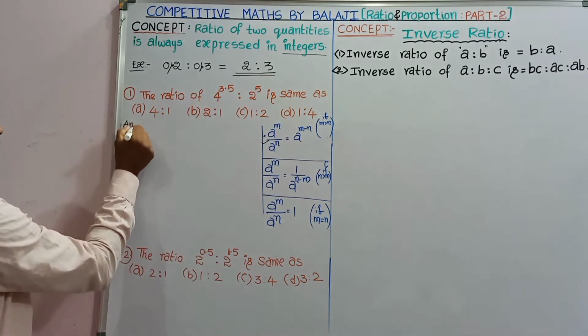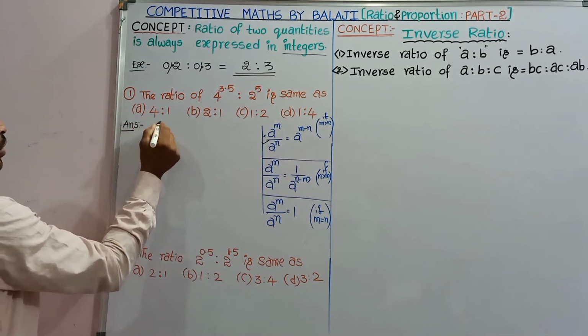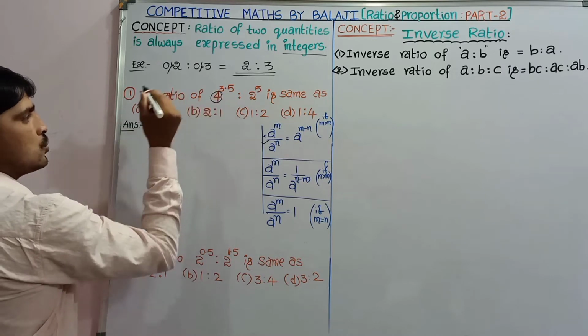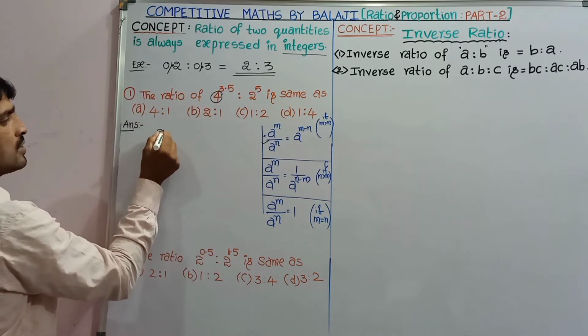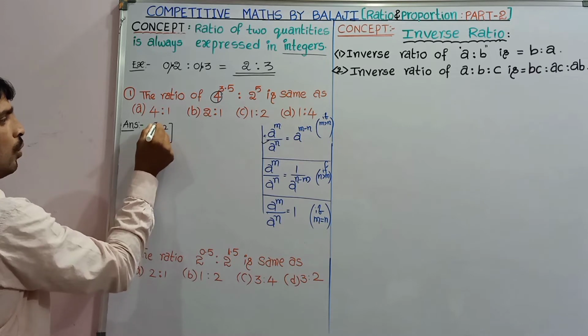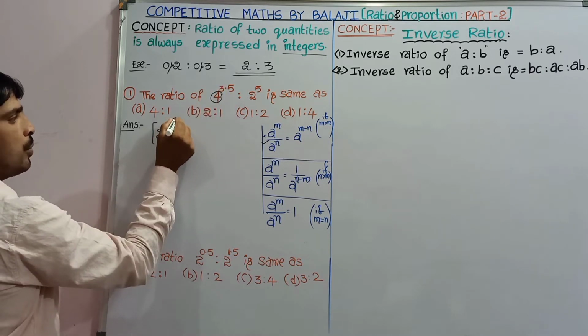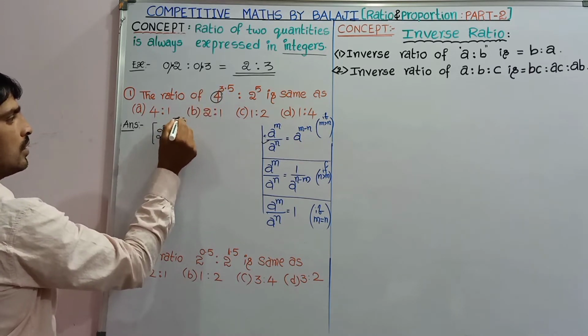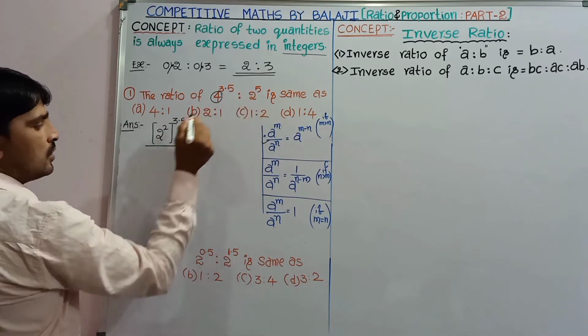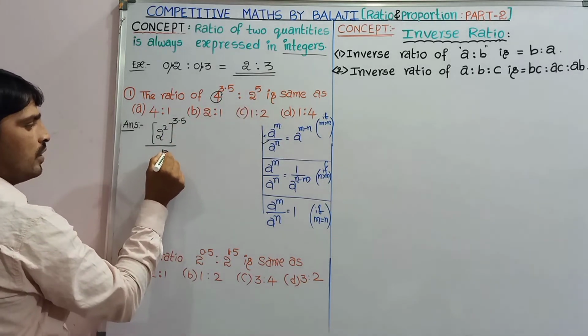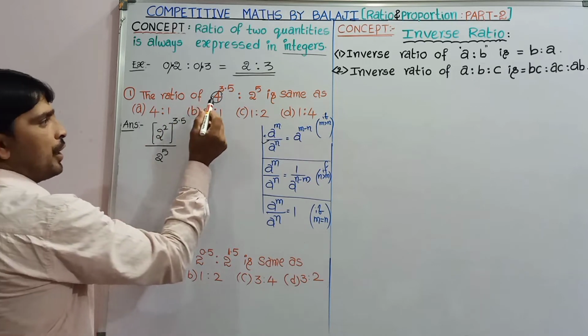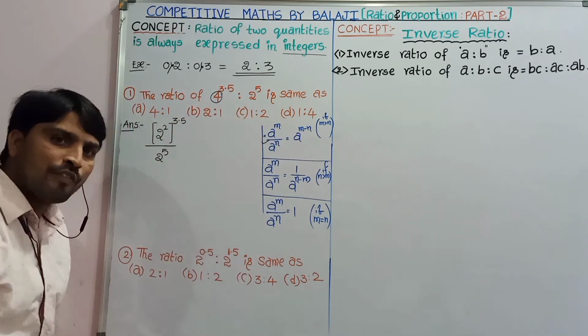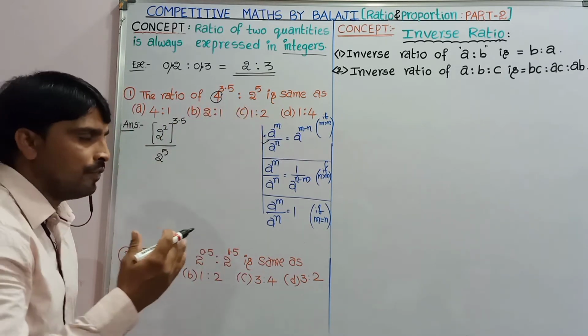See this answer. 4 can be written as 2 square, whole power 3.5, divided by 2 power 5. We know that a ratio is written in the form of a fraction. Ratio is nothing but a fraction.